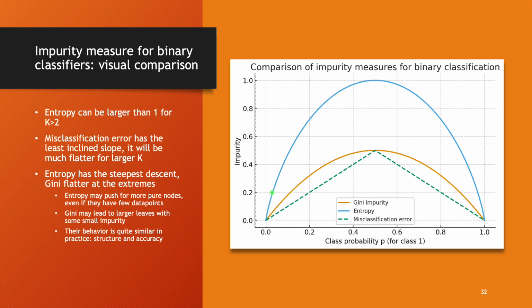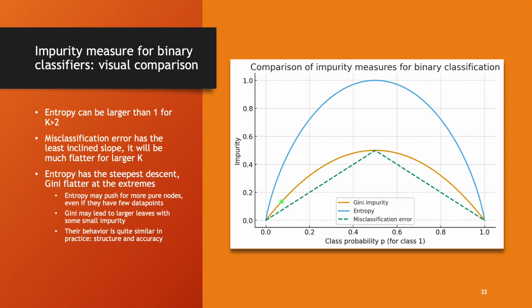So what this means is that as you are coming to these more extreme cases, the entropy might push harder than the other measures for pure nodes, because it has still quite a big drop in what it measures in terms of impurity. This is a little bit softer for the Gini, so there is less of a drop, and in fact if we had more classes you would actually see even more the difference between these two, how much softer the Gini impurity is.